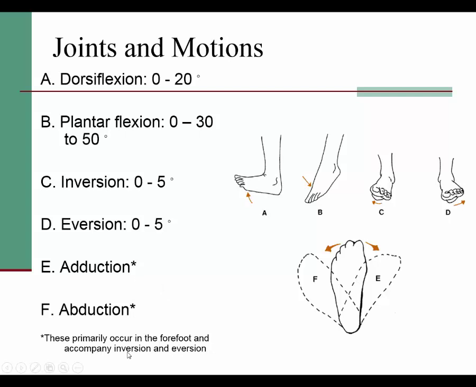Now when we are measuring these, and you all will learn this in the summertime in the PTA program, we generally don't emphasize a lot of actual measurements with a goniometer on here. You will learn it and you will learn how to do it, but in the clinic you'll find that a lot of our therapists end up eyeballing and doing a compare and contrast to see what looks normal, what appears normal.